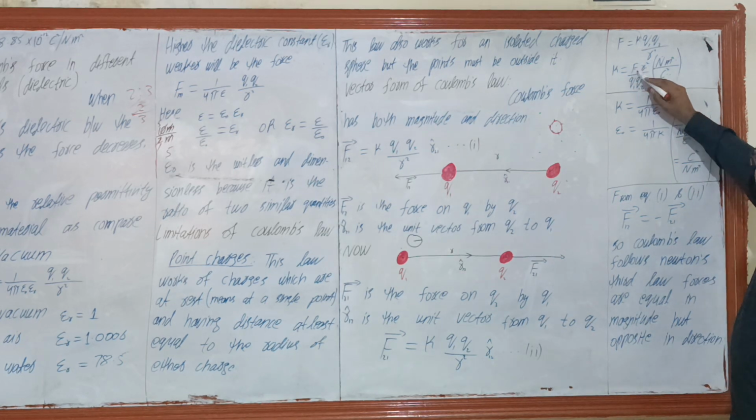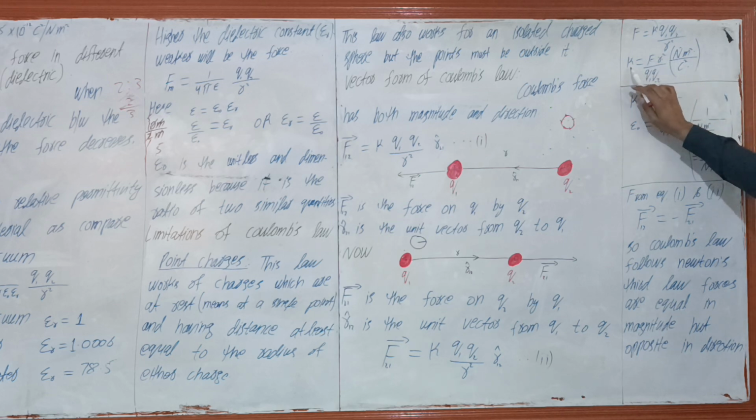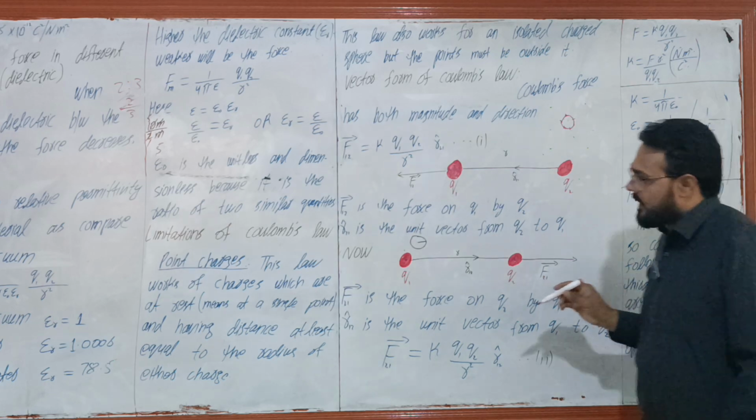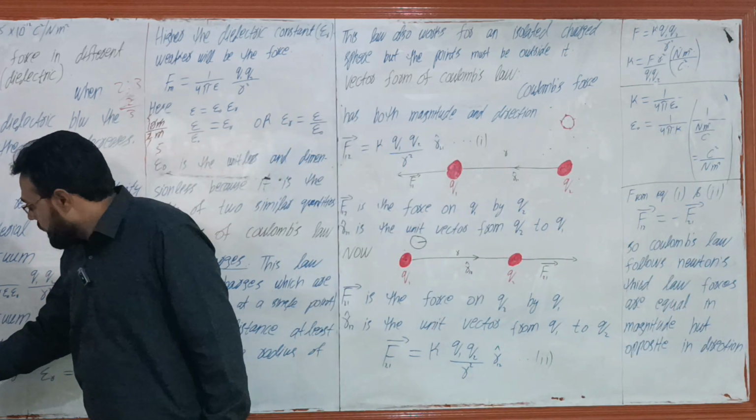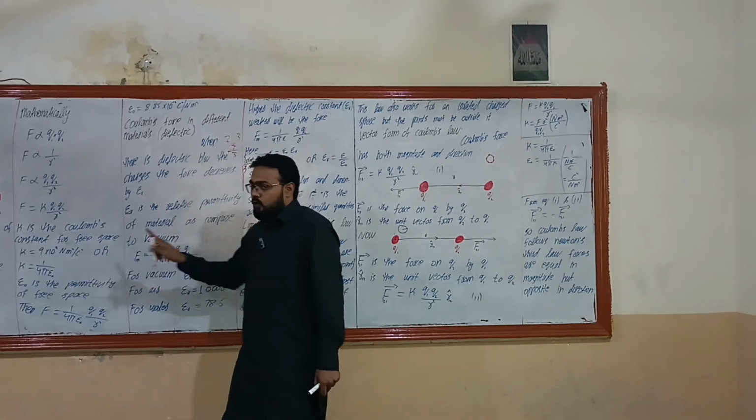Now force is measured in Newton, r is the distance measured in meter, Q is a charge measured in Coulomb. Two charges give Coulomb square, and r has square, the meter also has square. So the unit of K is Newton meter square per Coulomb square.